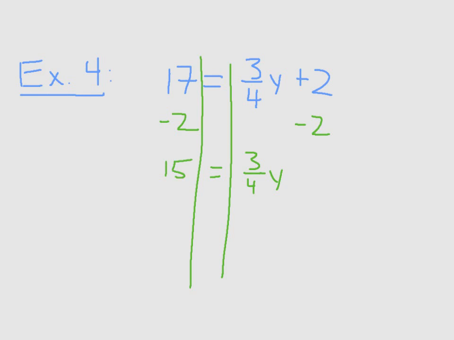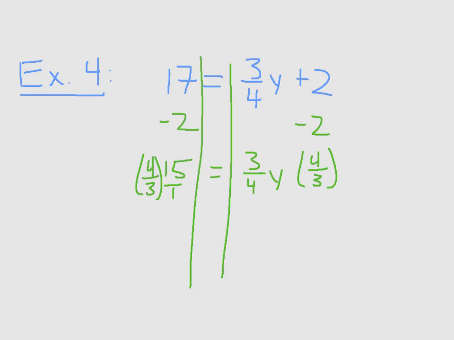Now, undoing a fraction, think about the one-step equations that we talked about. We can either divide by 3/4 or we can multiply, which I find to be easier, by the reciprocal. And plus, since you're dividing, you have to multiply by the reciprocal anyway, so it's easier just to skip right to that step.